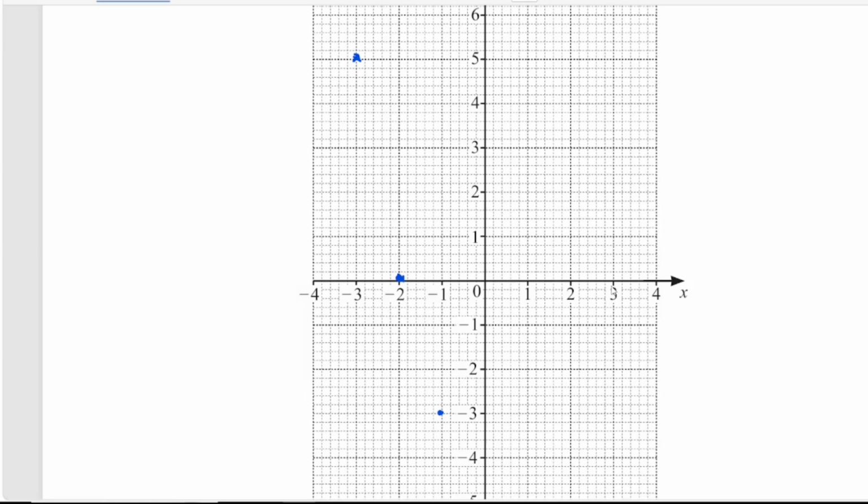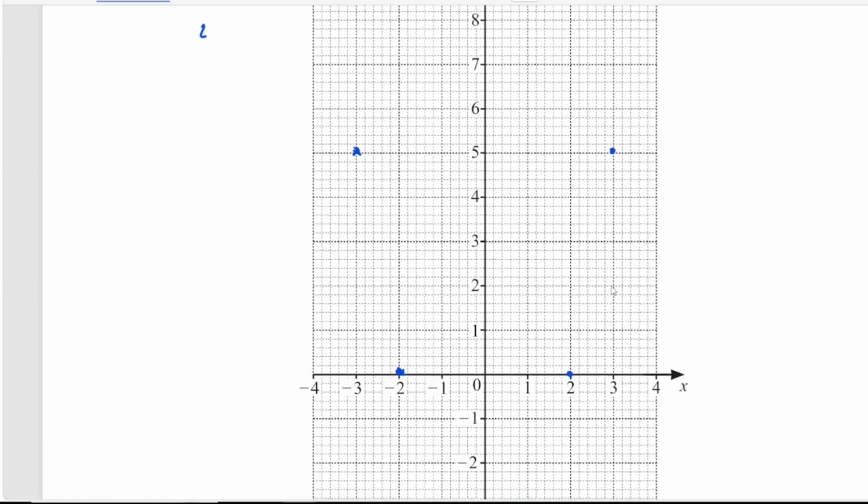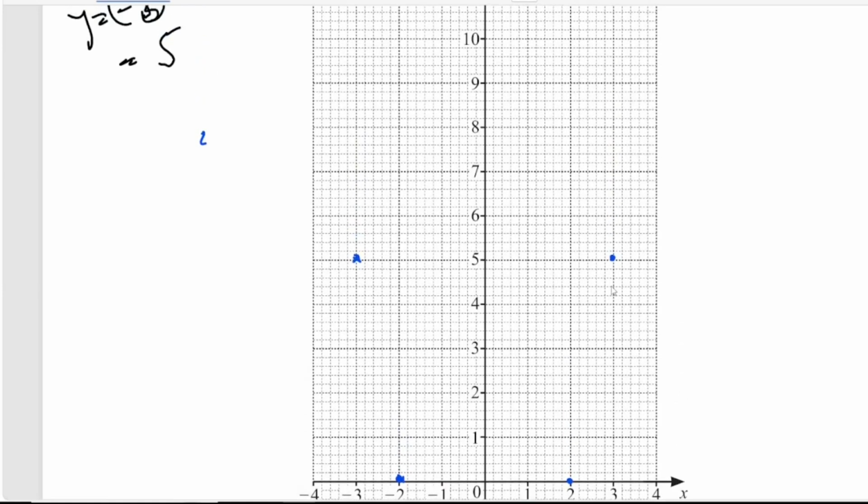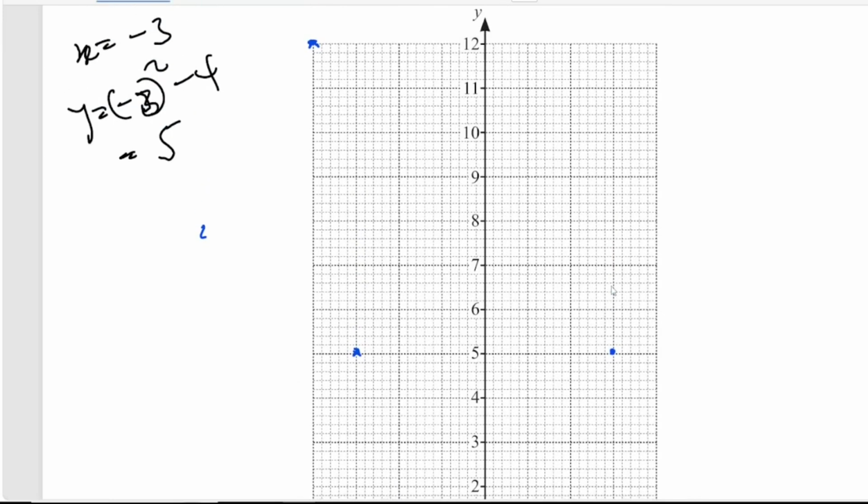So 0 on the x, -4 on y. That occurs here. 1, -3. 1 on x, -3 on y is here. 2, 0. 2 on x, 0 on y is here. 3, 5 here. And finally 4, 12, which goes up over there as high as the first point.